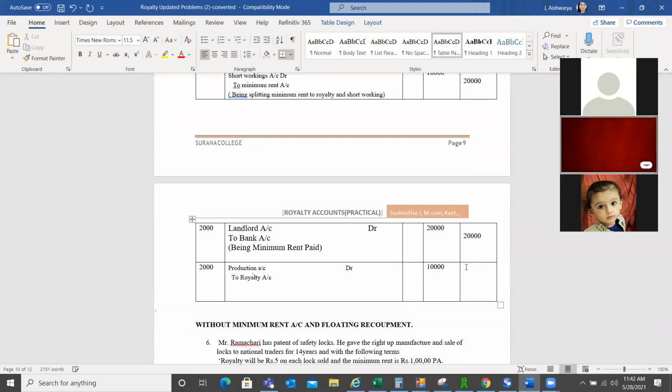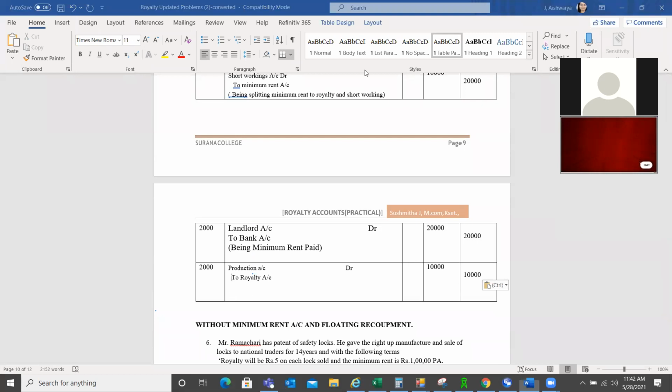Then what is the narration that I have to write? Being royalty account transferred to which account?